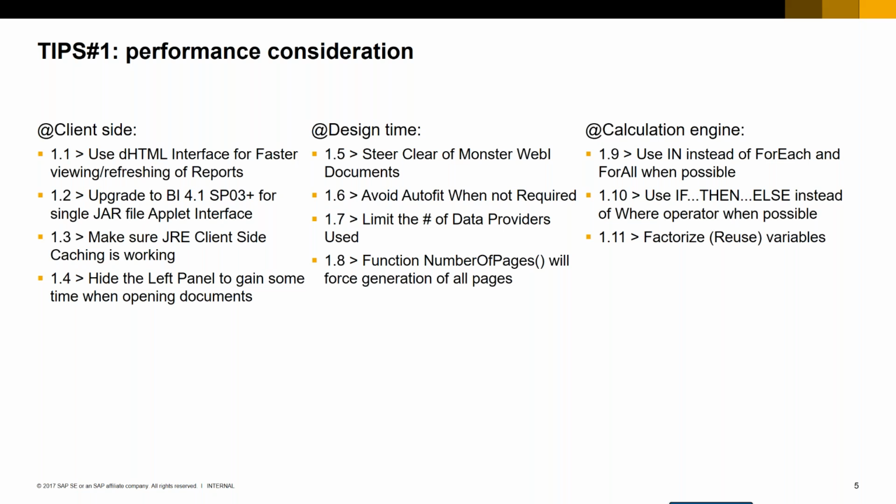But by using the number of pages formula, you are forcing in the backend the calculation of all the pages in your report every time you open this Webby document, which means that if you have 1,000 pages, every time you open the Webby document, you are asking it to generate the 1,000 pages just to know that there are 1,000 pages to be displayed in the footer.